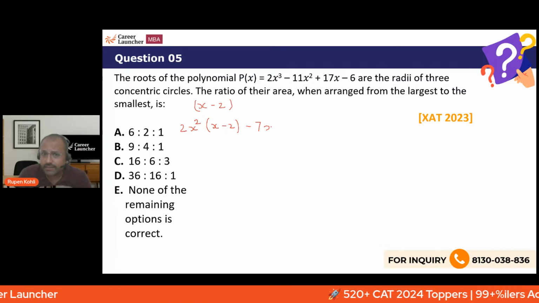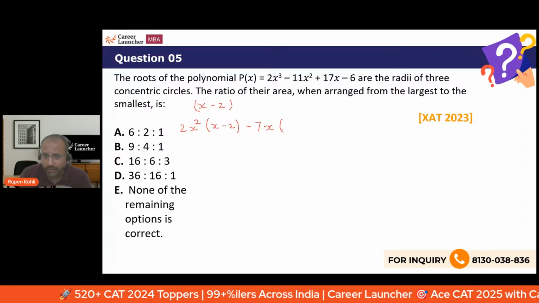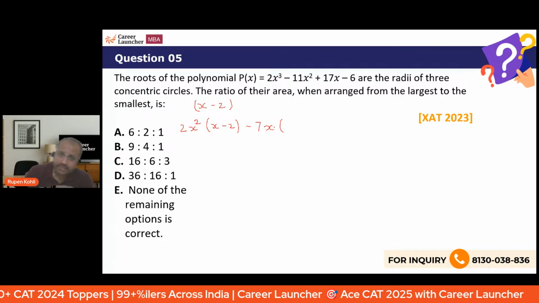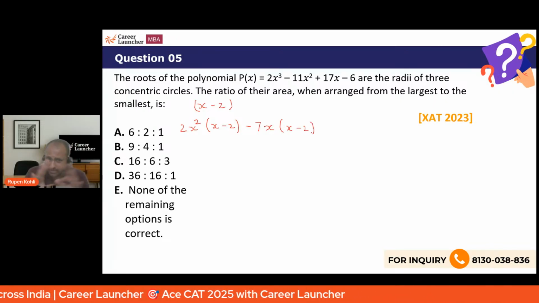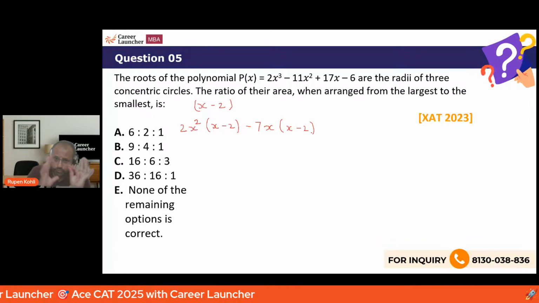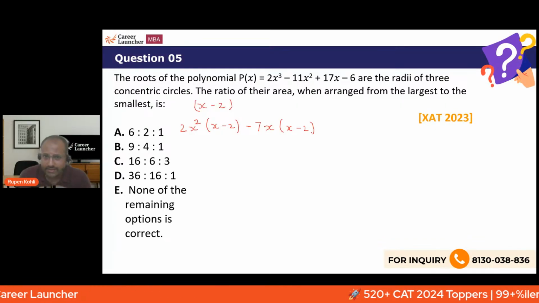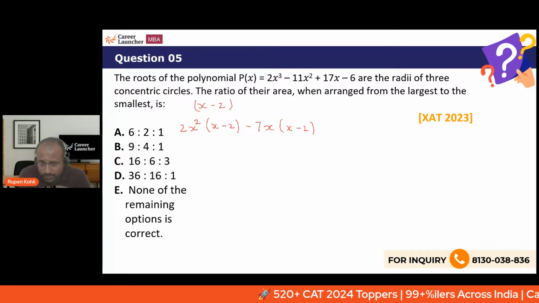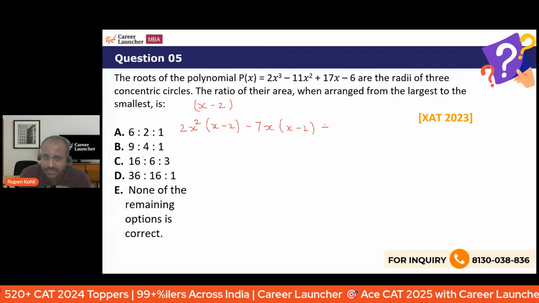Now again, minus 7x square you're seeing as the next term. So you should write minus 7x and bracket x minus 2, taking out x minus 2 as a factor, and you want minus 7x square to come there. So that is there. And now you are getting plus 14x, but you are seeing 17. So 14 plus 3, 17. So next is plus 3x.